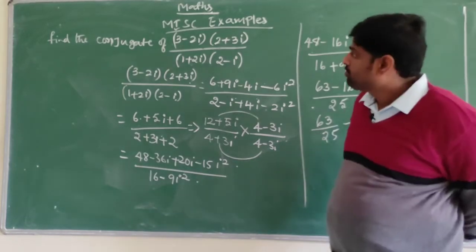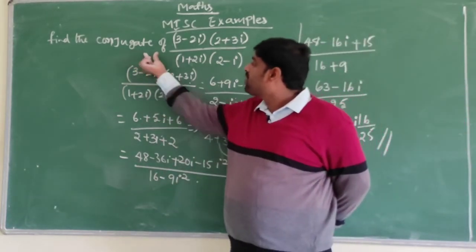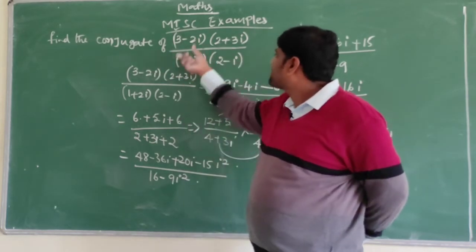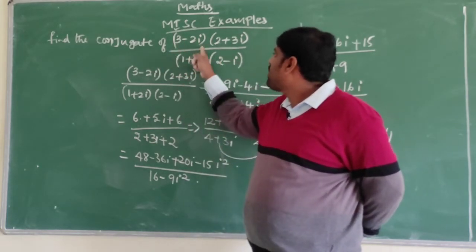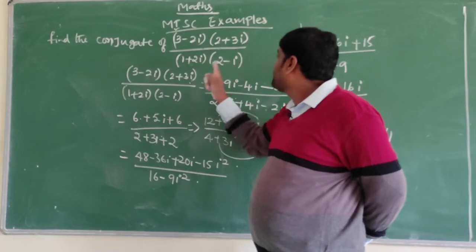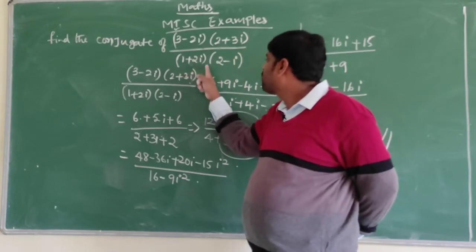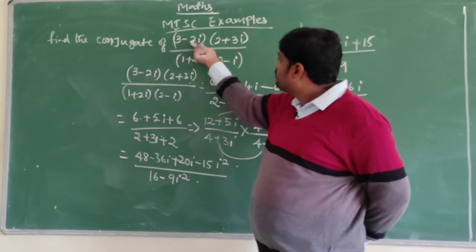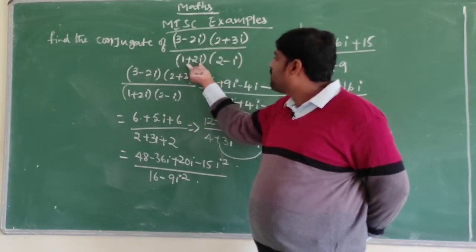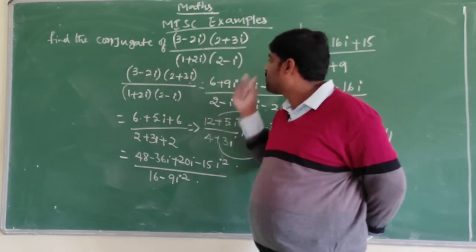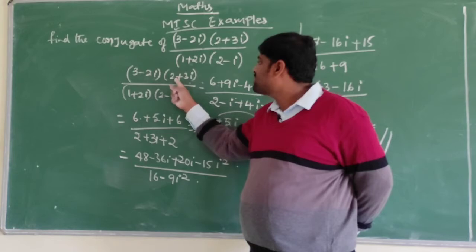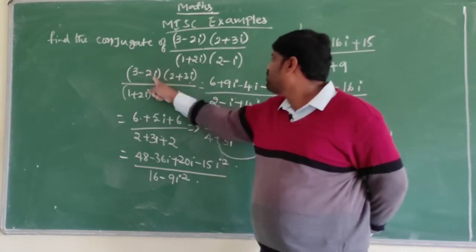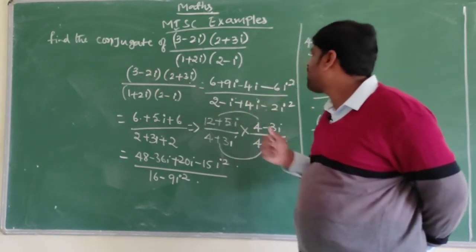Don't confuse. Observe here: find the conjugate of this fraction, that is (3 minus 2i)(2 plus 3i) divided by (1 plus 2i)(2 minus i). Just multiply this term and this term, and again take the multiplication of this term and this term. 3 2s are 6, 3 3s are 9i, 2 2s are 4, 2 3s are 6 minus 6i squared.